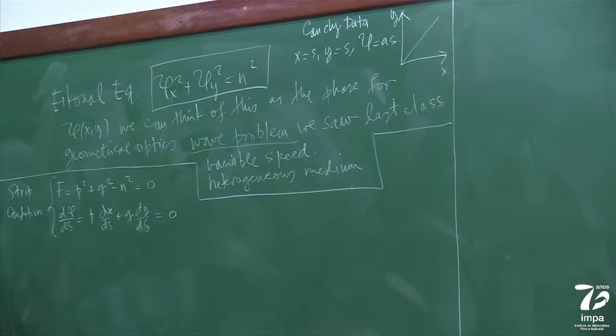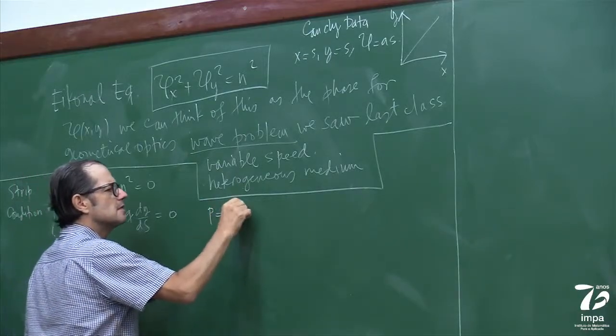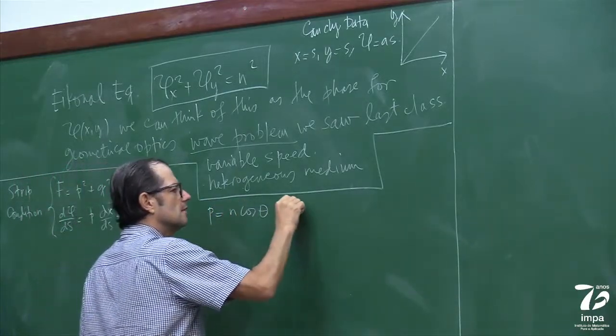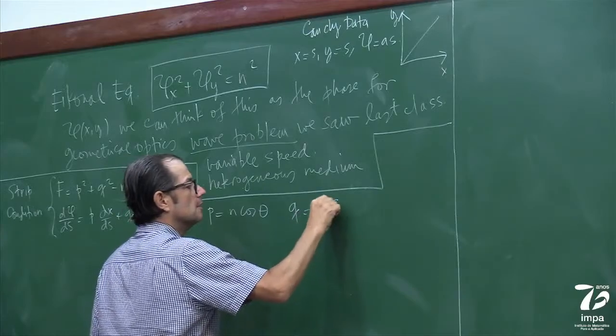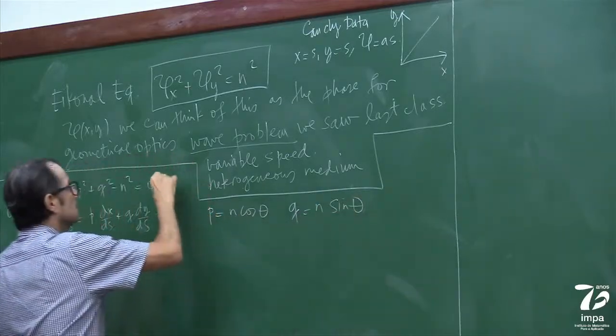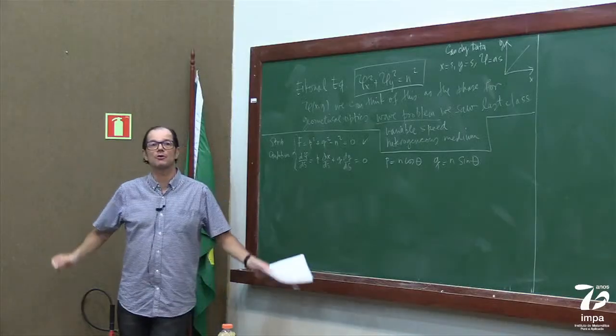Who cares? And actually, physically, you see it's okay. We would need more information to decide which theta we're going to choose. What am I talking about? I'm talking about that I can say that P is cosine theta, Q is n sine theta, and I'm done with this. I don't have to worry about this anymore.